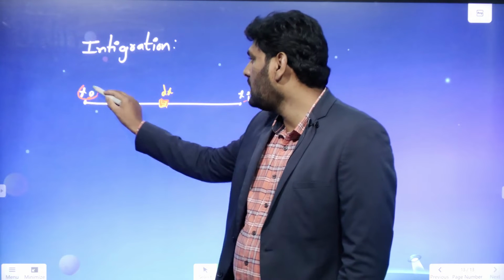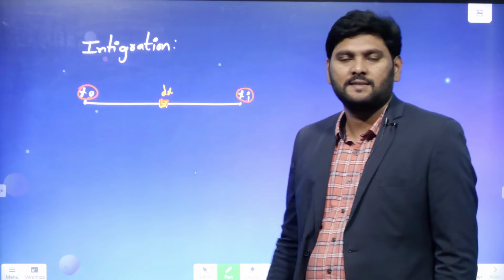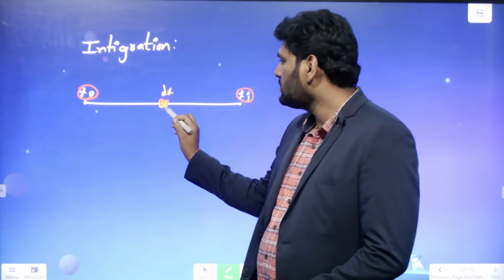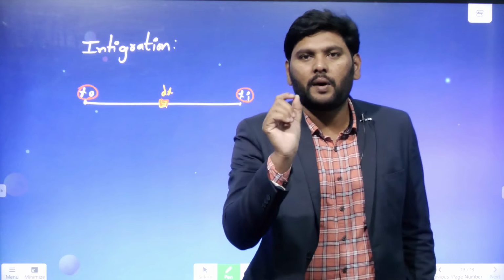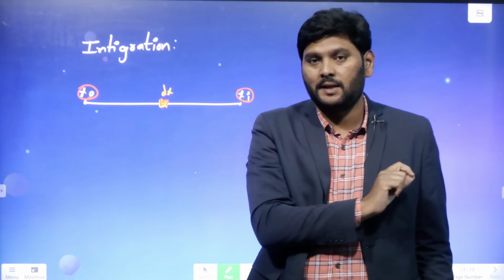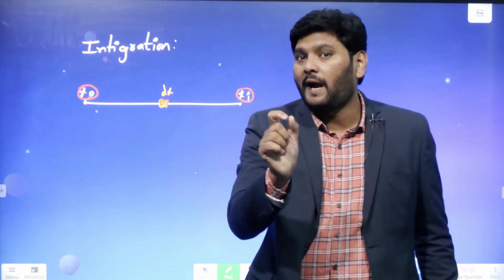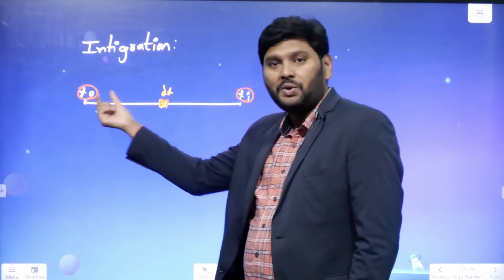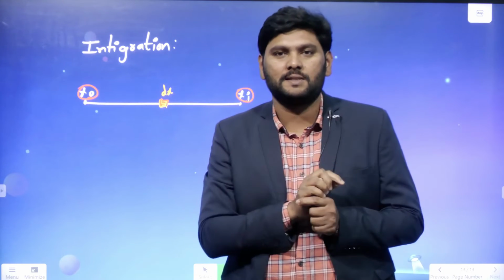This x0 and xi are the limits of the integration. Understand, children? You can convert this whole length into n small parts, and adding those n small parts is integration, from x0 to xi. These x0 and xi are called limits.